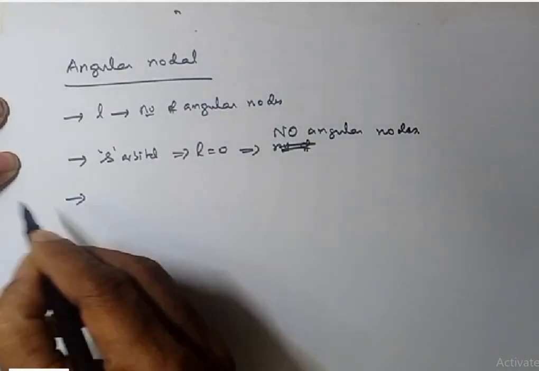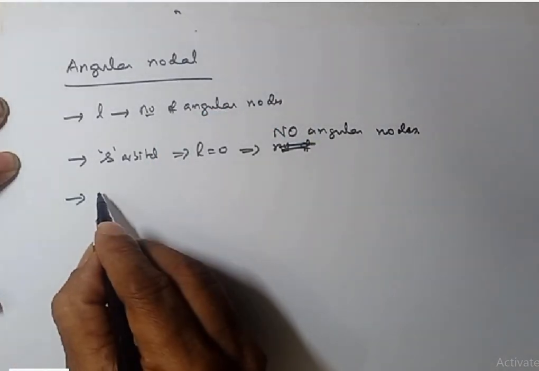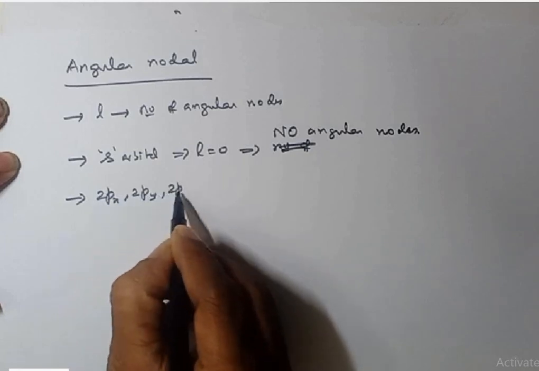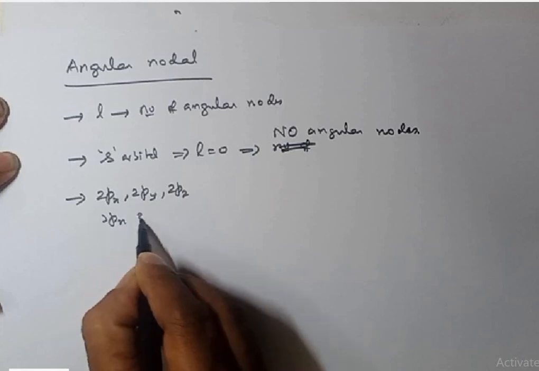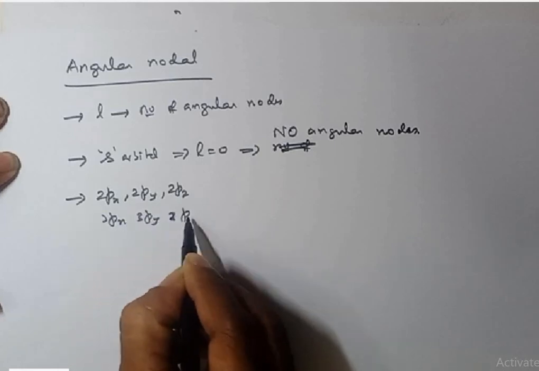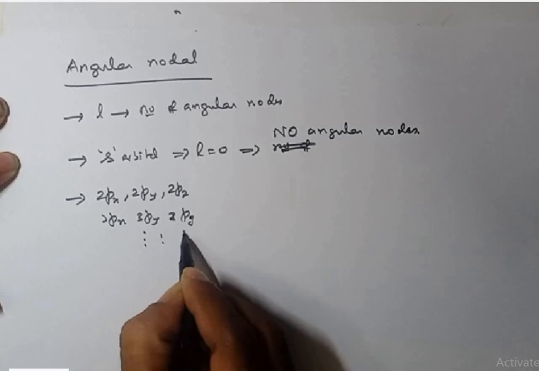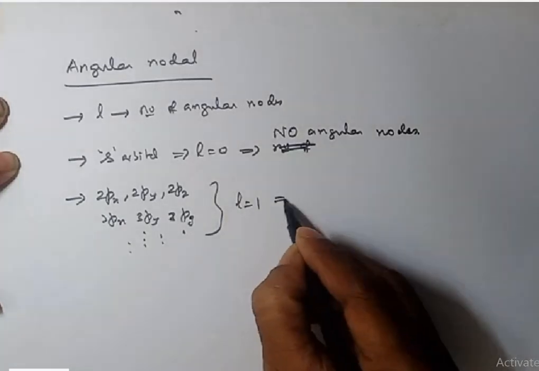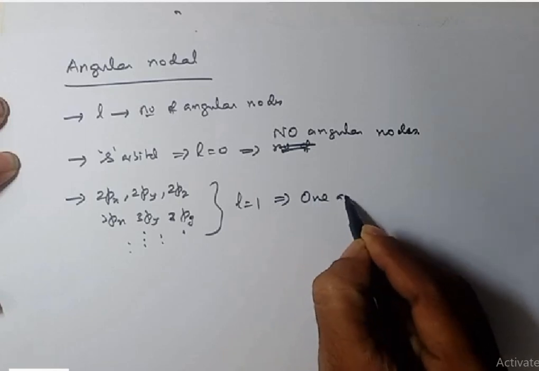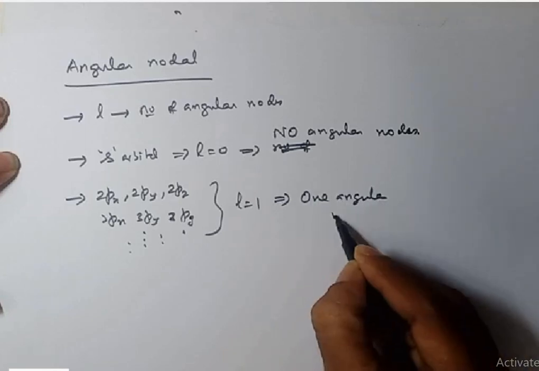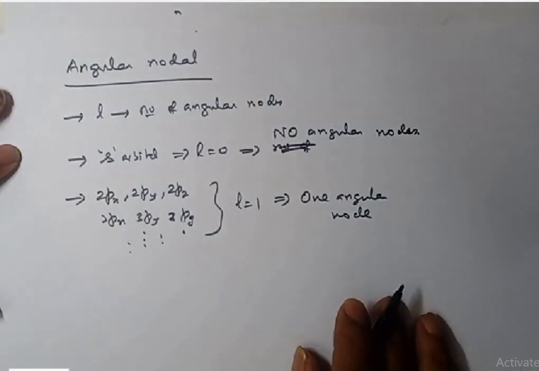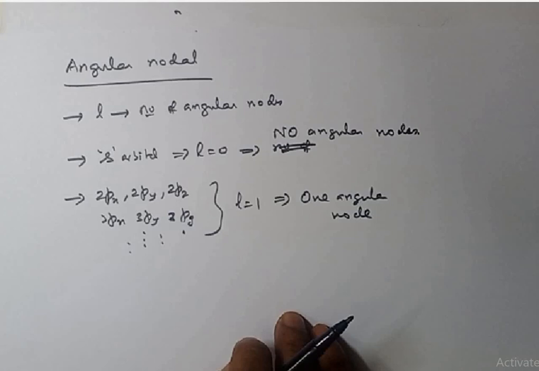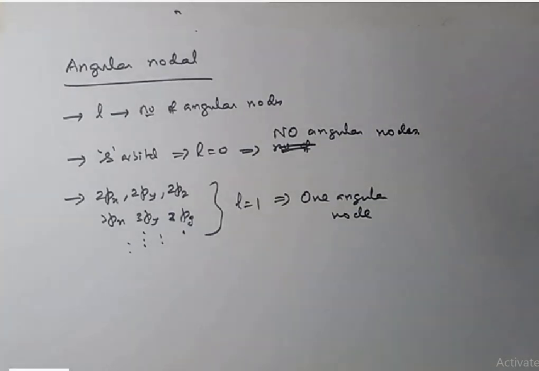If you take a p orbital, for example 2px, 2py, 2pz, or 3px, 3py, 3pz, whatever p orbital you take, the L value is 1. So there should be one angular node. We say that for a p orbital there is one node available.